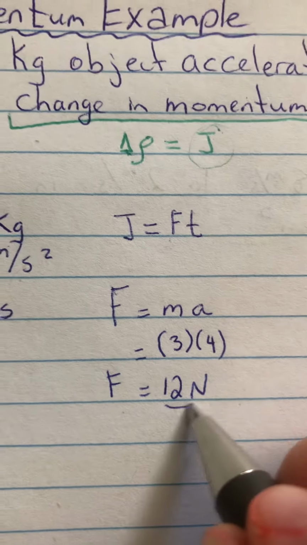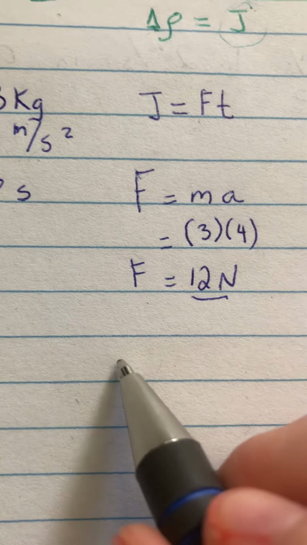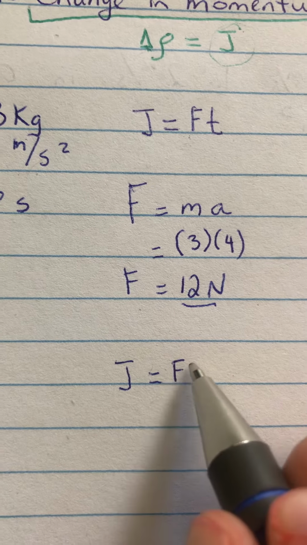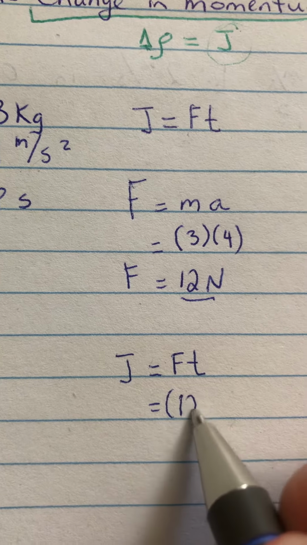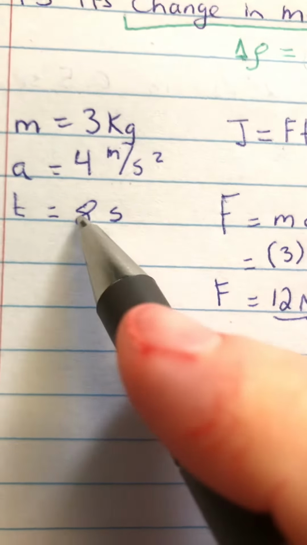Now that I know that, I can substitute it into my impulse formula. I have impulse is equal to 12, and in my givens, I have the fact that t is equal to 8.